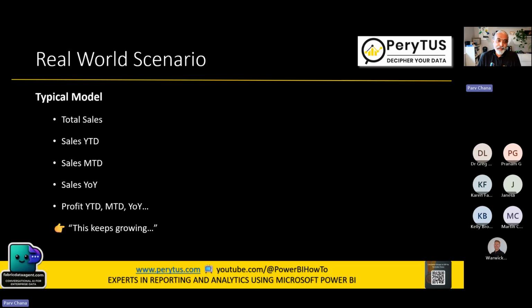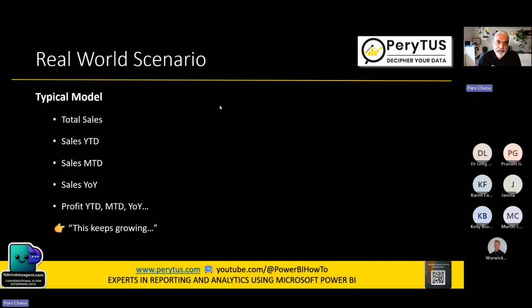Same period this year versus last year, this quarter versus previous quarter, this quarter versus same quarter last year. So even if we take one single measure, all of a sudden the variations simply on the time intelligence become so many. It's crazy how these things keep on growing. And then there's the other aspect of this as well, which we will look into in the model.